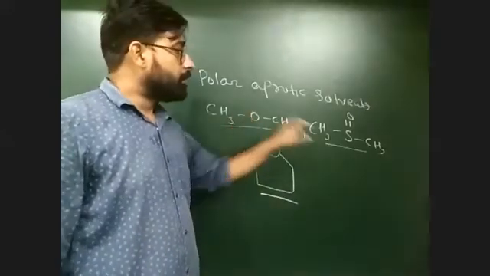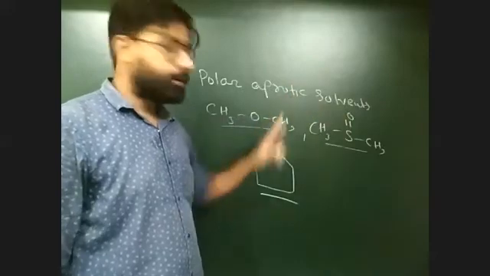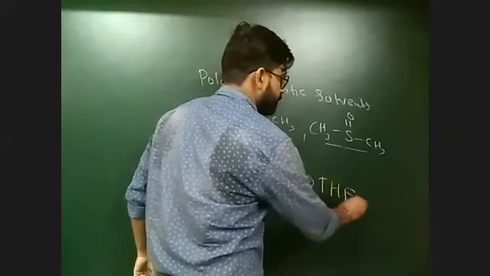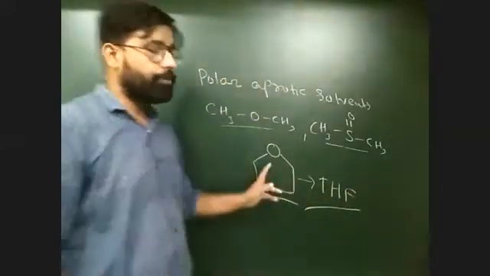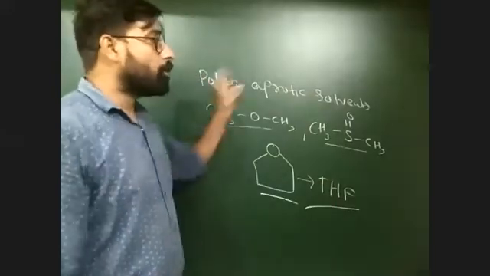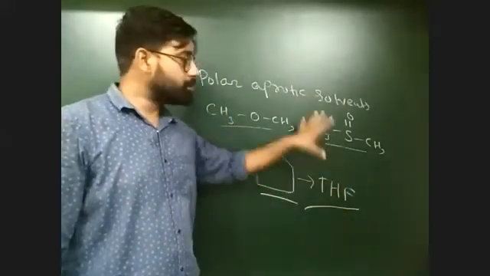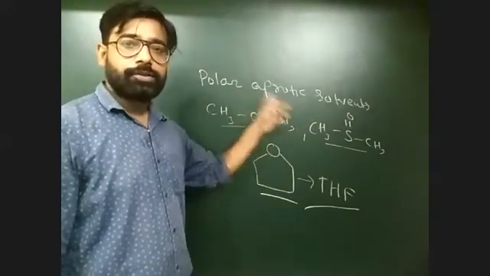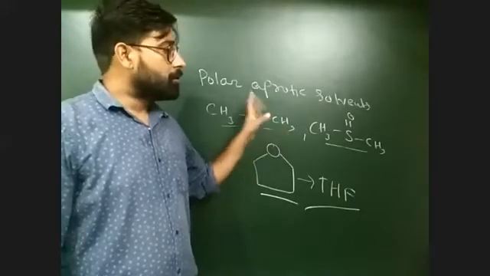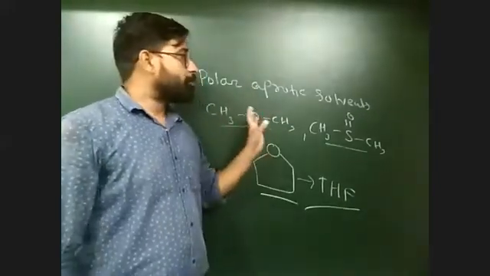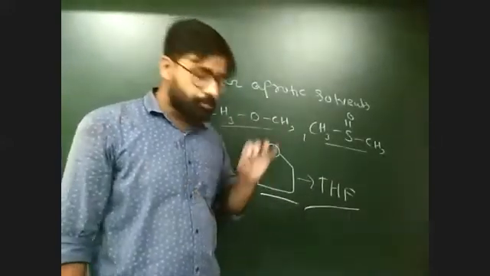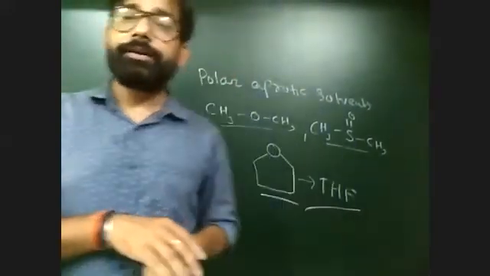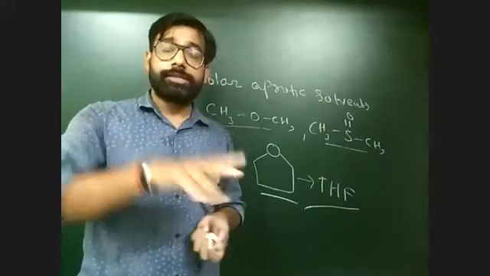Dimethyl ether, dimethyl sulfoxide, tetrahydrofuran, this is called THF. So these are polar aprotic, which means they don't form hydrogen bonds. The oxygen is not connected directly to hydrogen, so this doesn't form hydrogen bond. So here we are studying polar protic and polar aprotic. So for SN1, we write polar protic solvent is required.